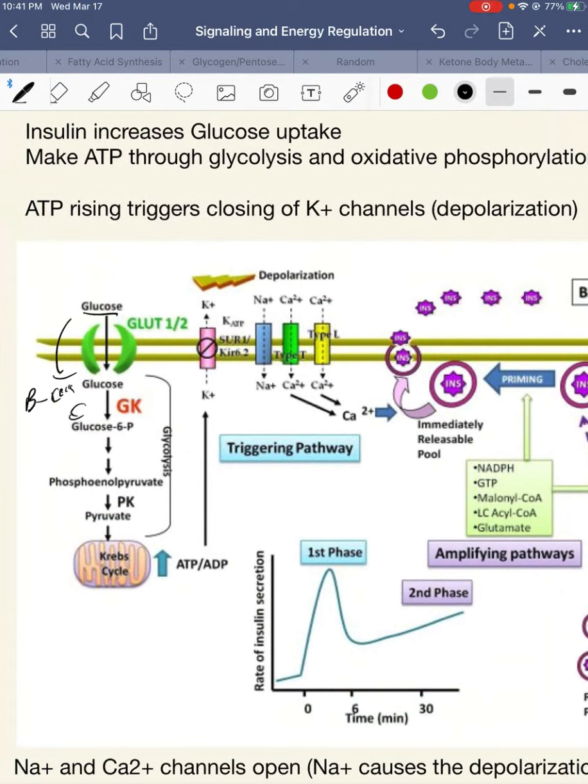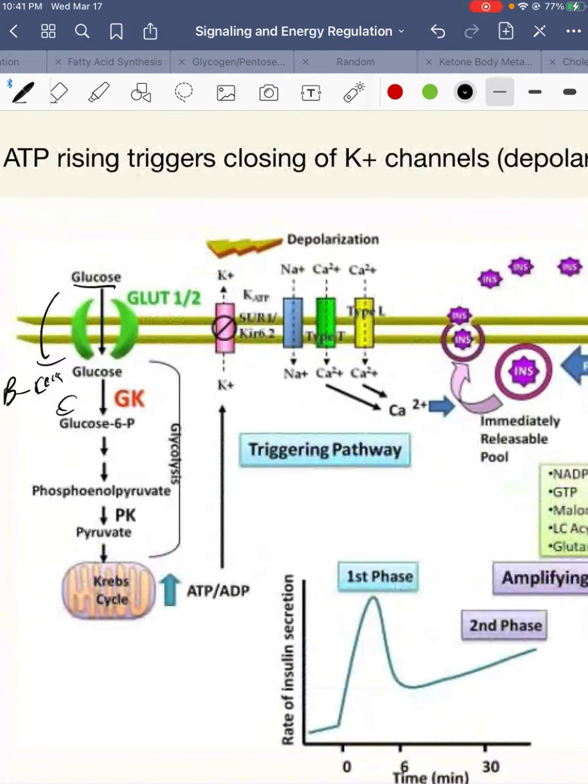It goes through glucokinase, because the beta cells also use glucokinase, not hexokinase. You make glucose 6-phosphate. And then you pretty much go through glycolysis, and then eventually make pyruvate, make the Krebs cycle. Get your electron carriers. They go to the ETC. You make ATP. So ATP rises.